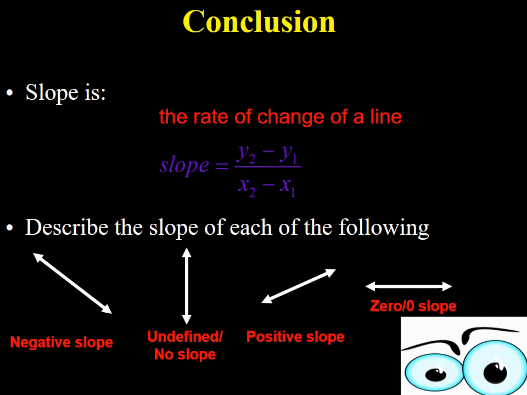Now describe the slope of each of the following. We have negative slope, and undefined slope when the line is parallel to the y-axis, while positive slope, and 0 slope if it is parallel to the x-axis.